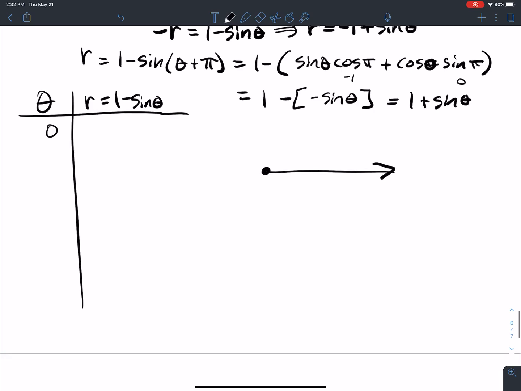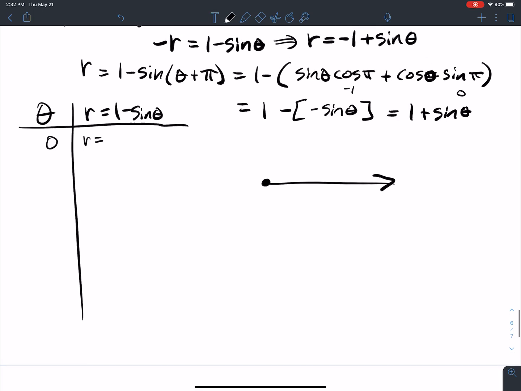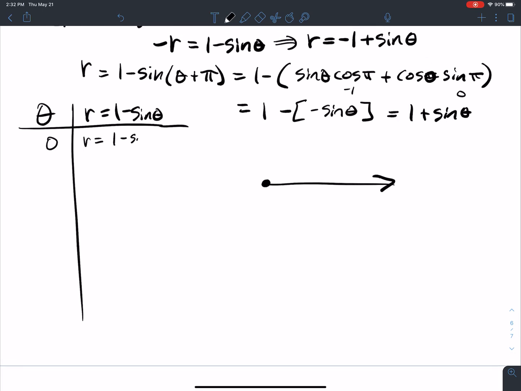I get r equals 1 minus the sine of 0. Sine of 0 is 0, so this is 1. So right here, I got 1 comma 0. That's my r, theta.